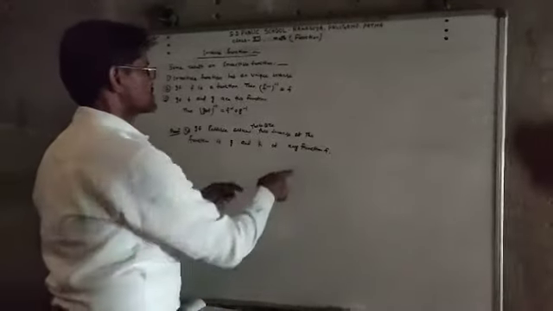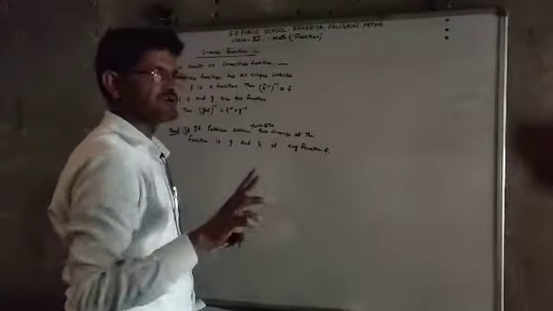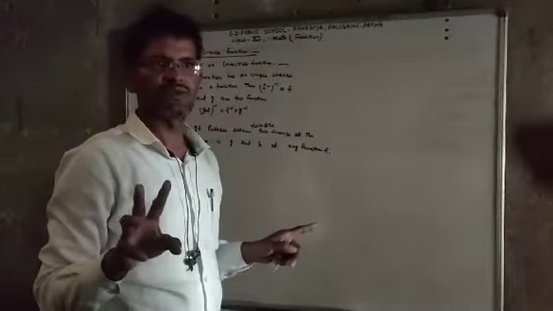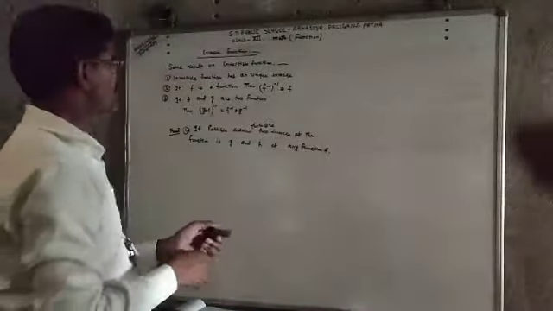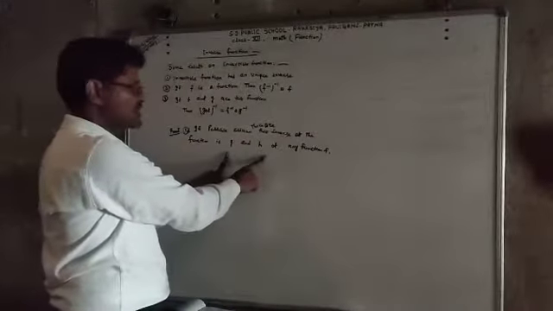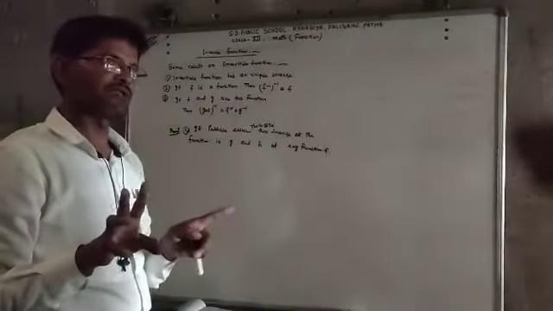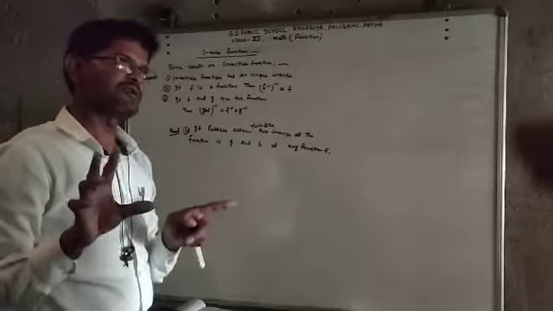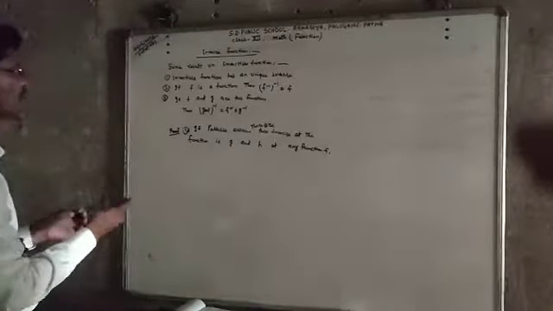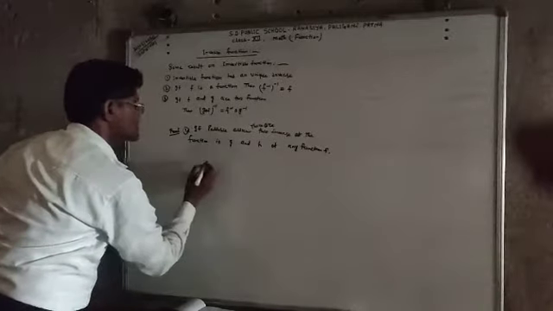Then the composition of f and g and the composition of f and h will be the same. If the composition of f with both the functions is the same, then the inverse is also equal. Now we prove it using their composition.